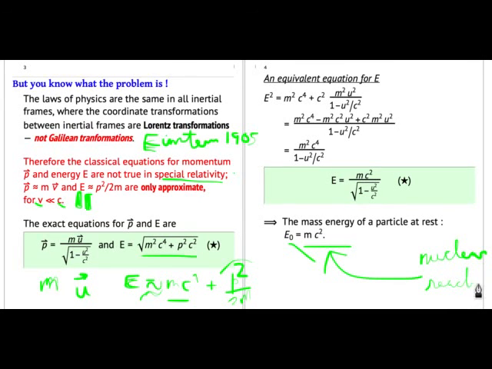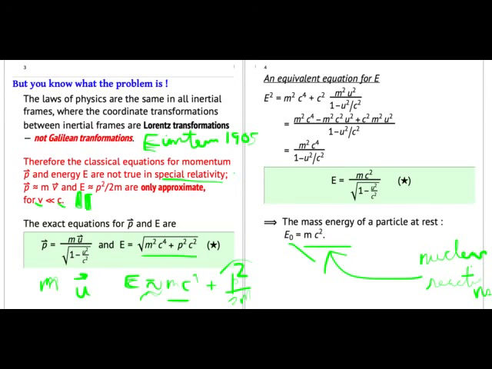Nuclear reactions occur in stars. They occur in nuclear reactors. They occur in experiments. And of course, they occur in nuclear weapons.